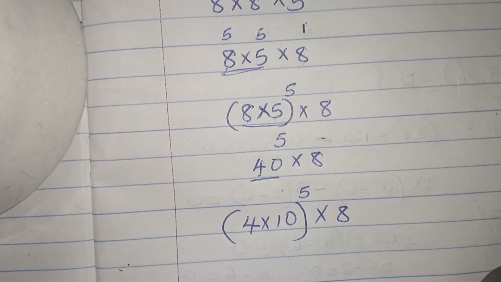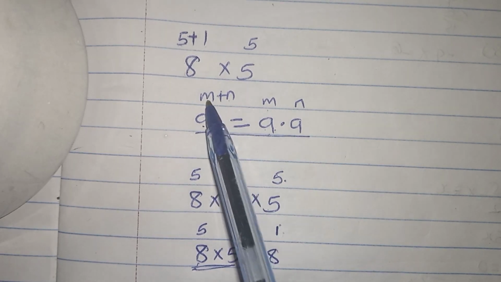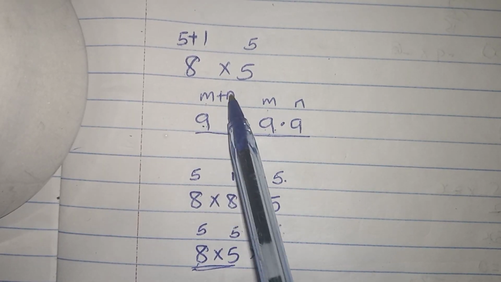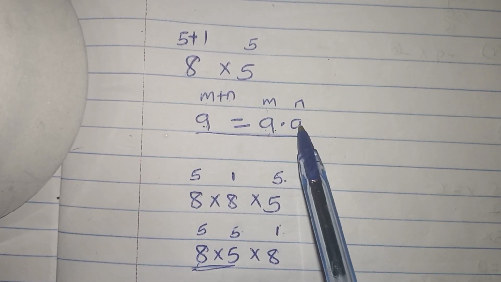We can still use this rule here: a times b, all to the power of n, is a to the power of n times b to the power of n.